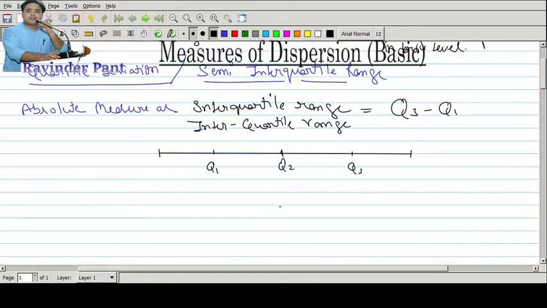So you are trying to tap this gap. This is the range we are calculating in this interquartile range concept. This range from Q1 to Q3.